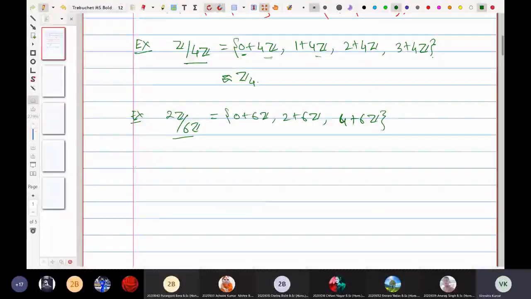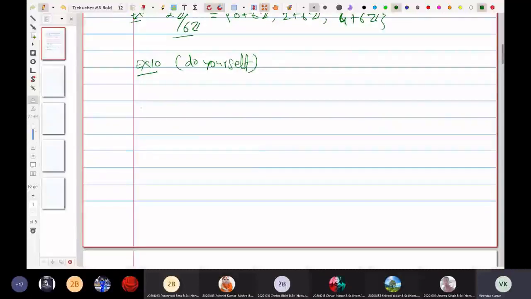Another example, example number 10 in your book, you can try it out. This is on matrices. But example number 11 or so is an interesting example, so I would like to quote this. It is in chapter number 14.